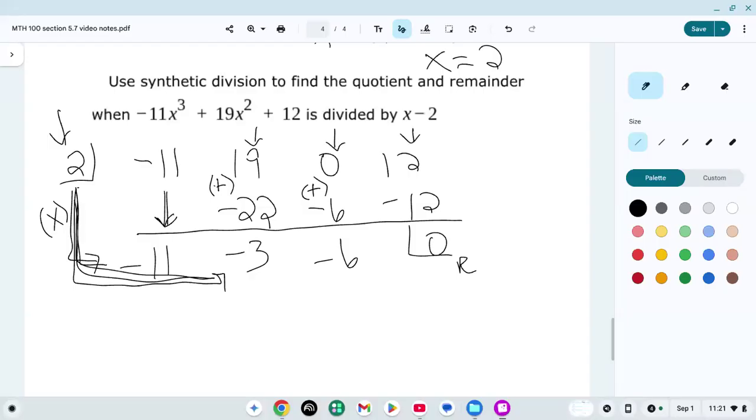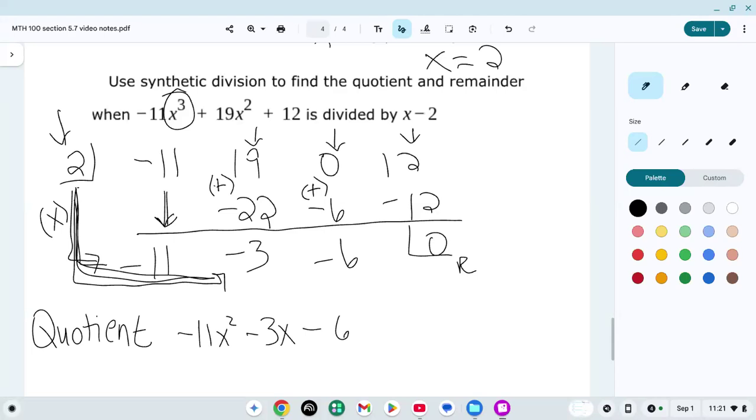Okay. Now, since I started with an x to the third, my quotient will start with an x squared. So I have negative 11x squared minus 3x minus 6.